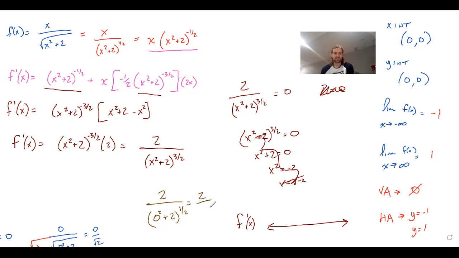Well, that's going to be 2 on the top, and then on the bottom here, we'd have 0 plus 2. 2 to the 3/2 power is like 2 radical 2. If we take 2 and divide it by 2 radical 2, it's still just going to be a positive number. So that graph is always going up, which we actually saw looking at the graphing calculator. I don't know if that just popped up or not, but you can see that graph is always going up.